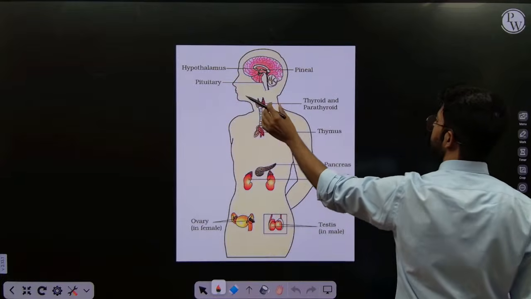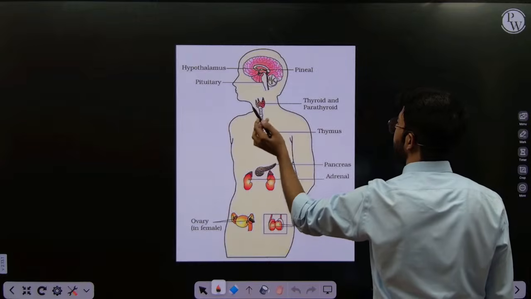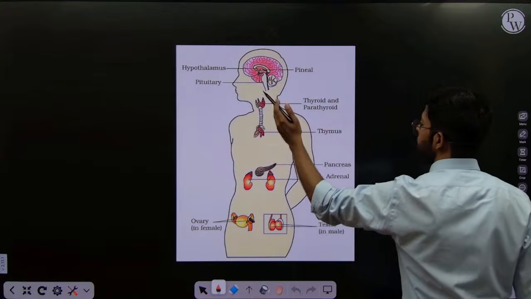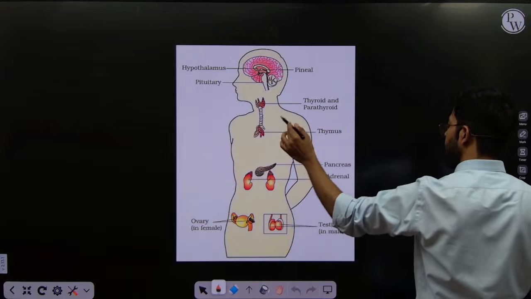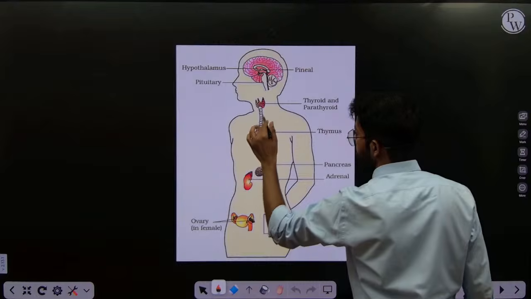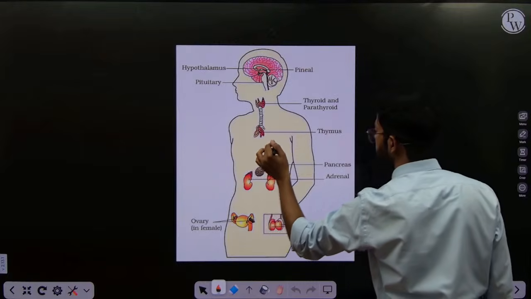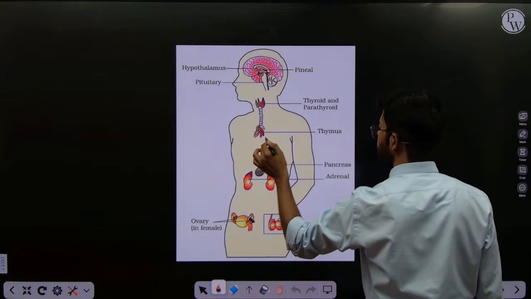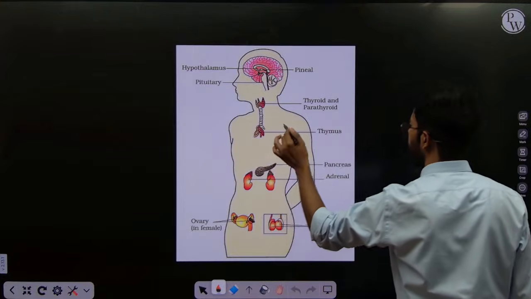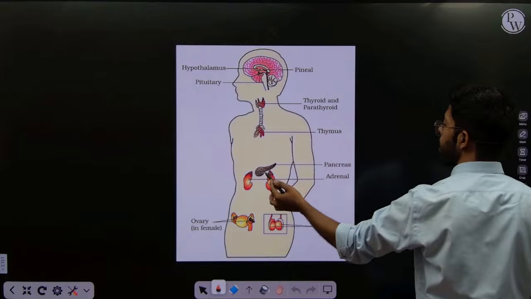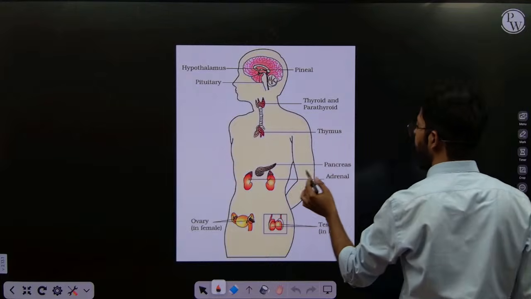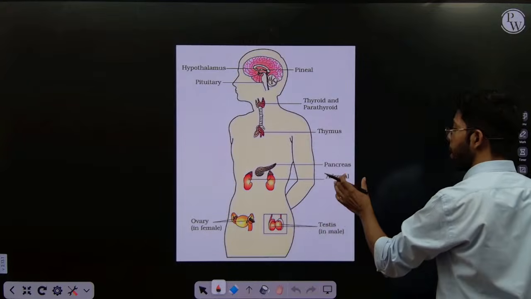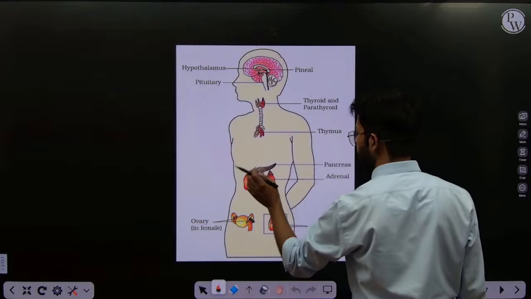Now the thyroid and parathyroid are present at the neck region, attached to the trachea, and then the thymus, which is attached to the flat bone, the sternum, and present on the ventral side of our aorta. Now the pancreas, and in the abdominal cavity, the adrenal gland also. It is also known as the suprarenal gland. It has two different regions, cortex and medulla.